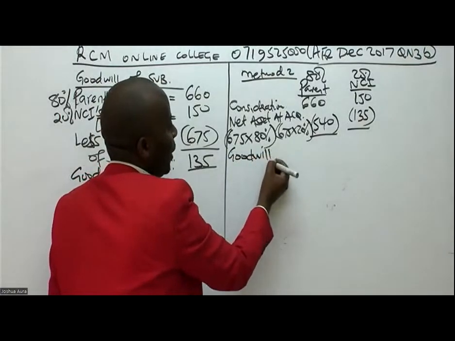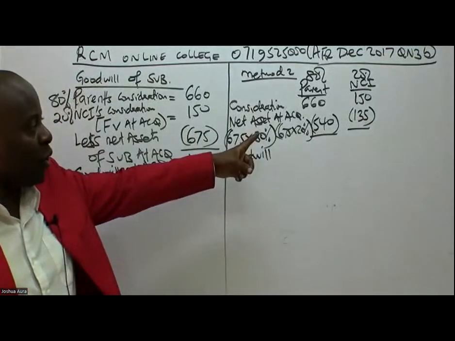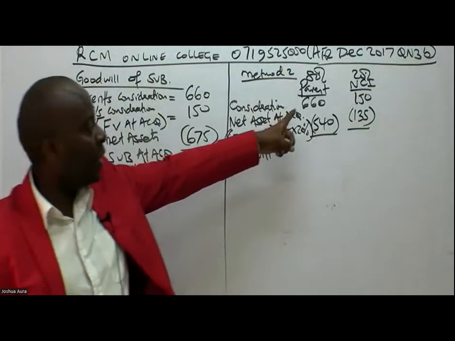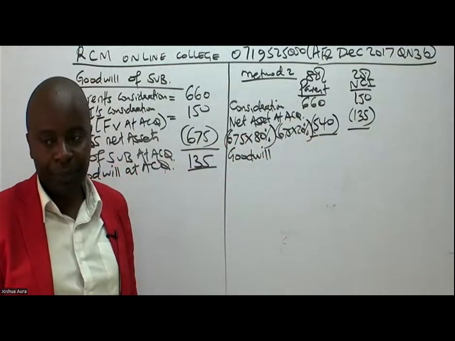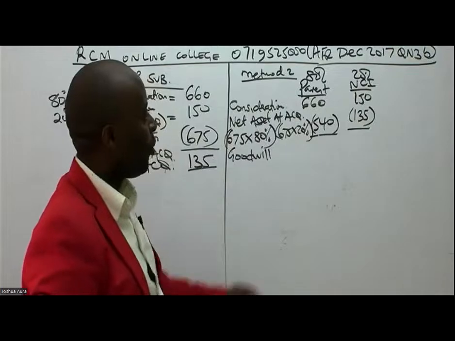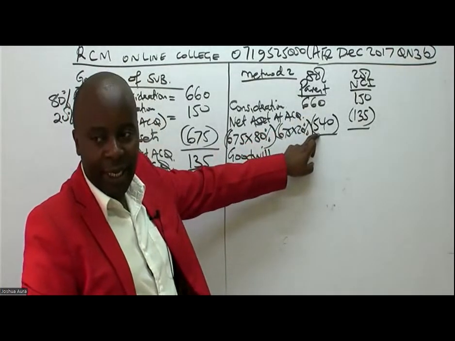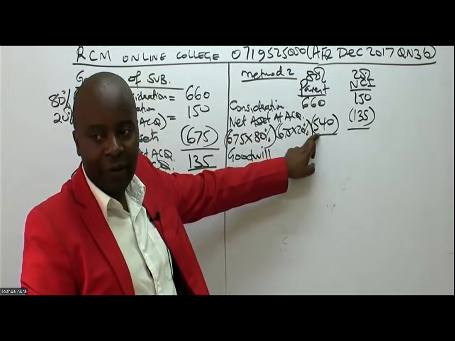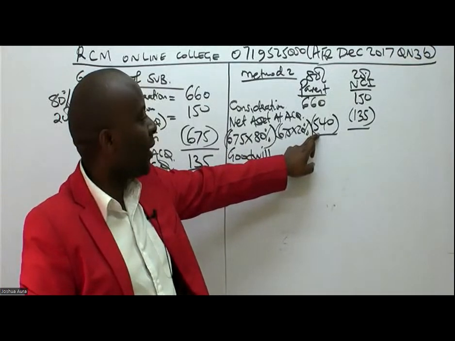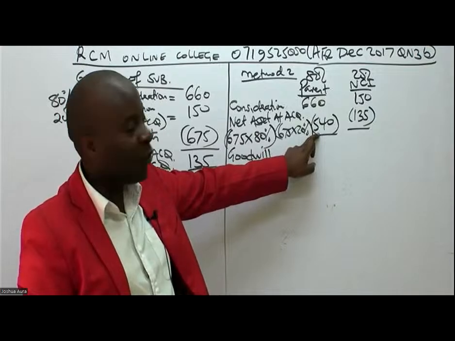If you do that, then you'll be able to give us the goodwill for the parent. Goodwill for the parent is the consideration minus this: 660 minus 540. Is it 525?